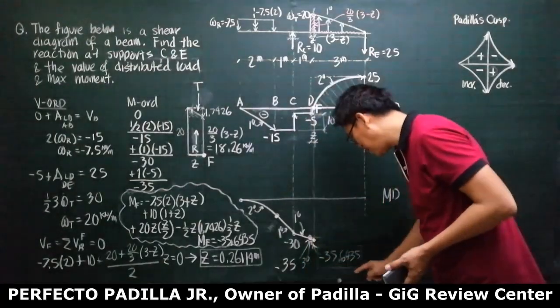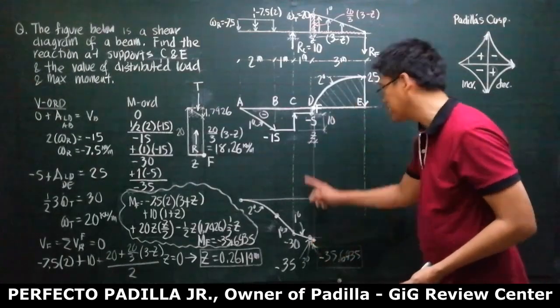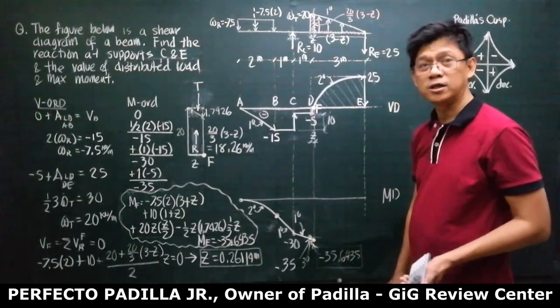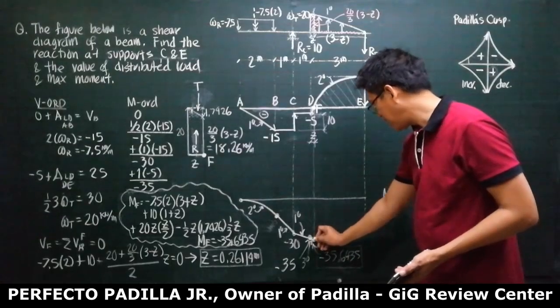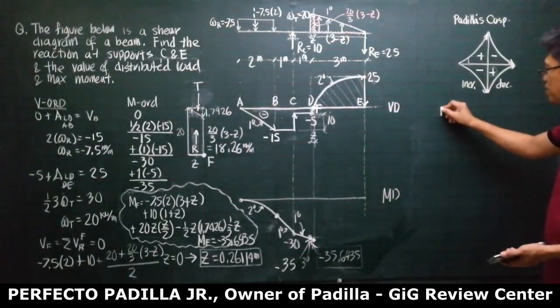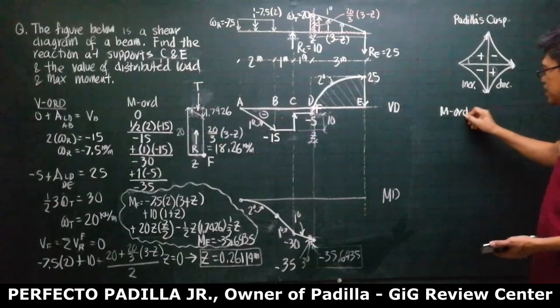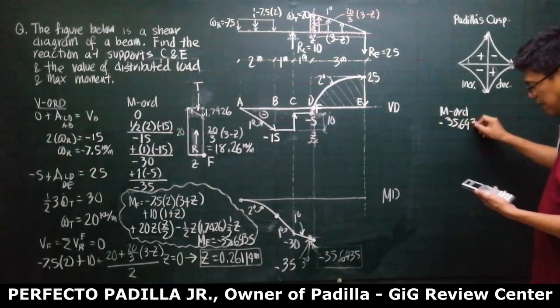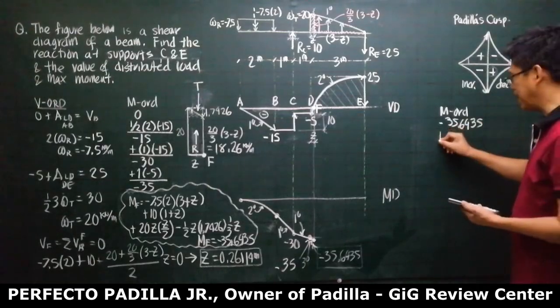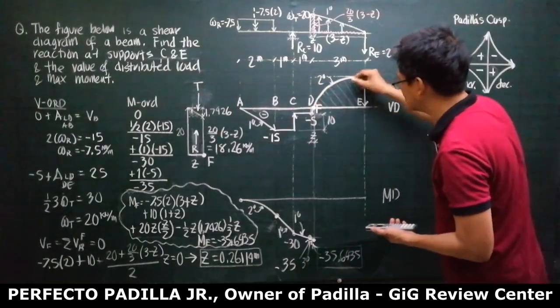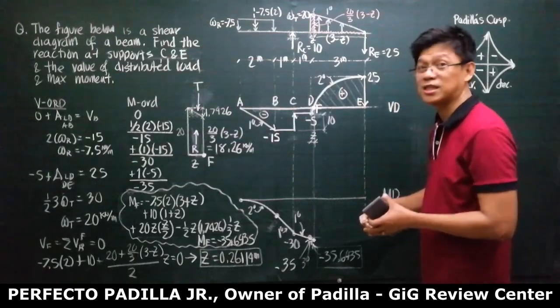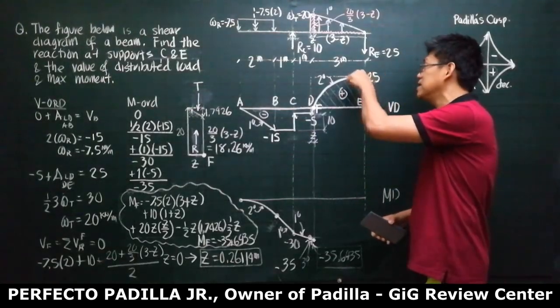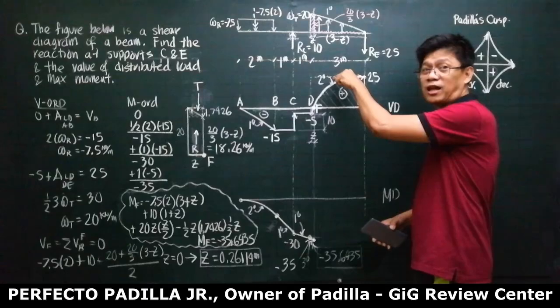So, the maximum negative moment is already this one because that is the point of zero shear. I will continue the moment ordinates here. So, the moment of minus 35.6435 plus the area of this is a positive area and it is a spandrel because this is the point of tangency with horizontal.